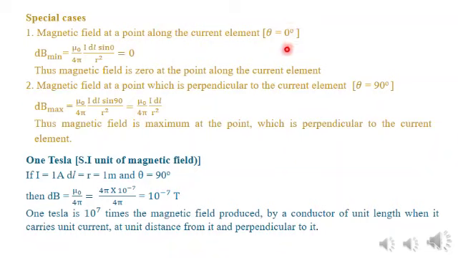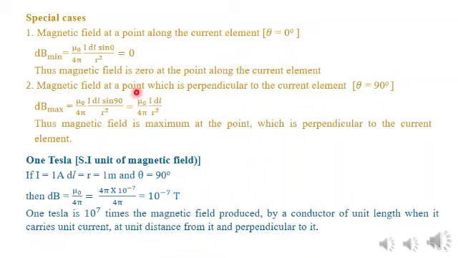Then dB equals mu0 by 4 pi I dl sine 0 divided by r square. Since sine 0 equals 0, dB equal to 0. So there is no magnetic field at the point along the current element.